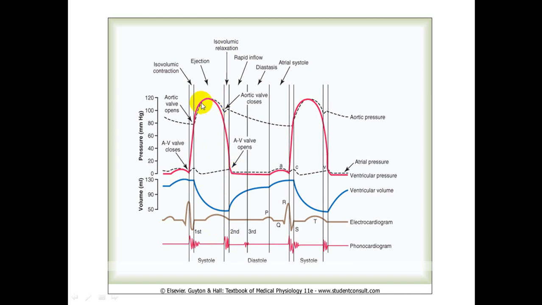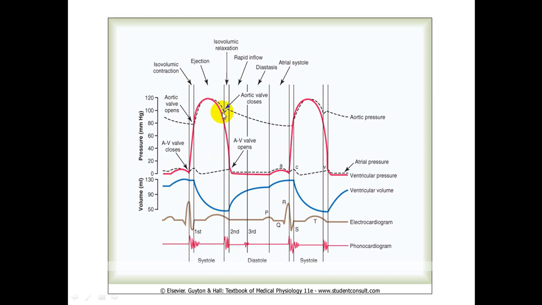So isovolumic relaxation is a period in which all valves are closed, the pressure drops down in the ventricle, and there is not too much change in the volume. While in ejection, the volume drops down.